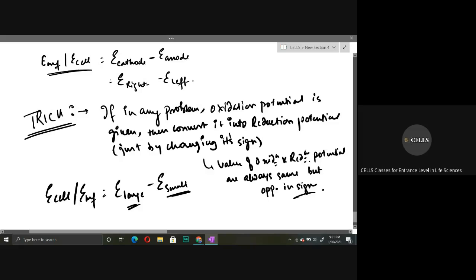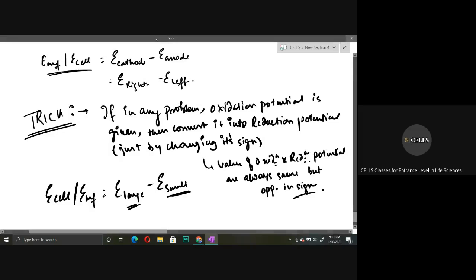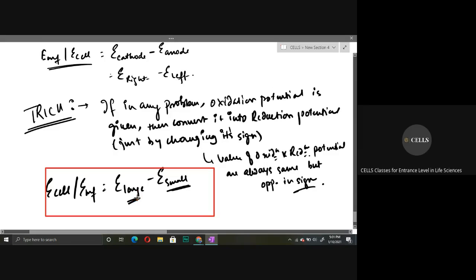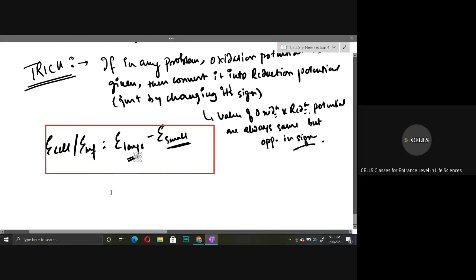Larger value minus smaller value. This is a very good, very important trick. I will show you with numericals, so don't worry about it.